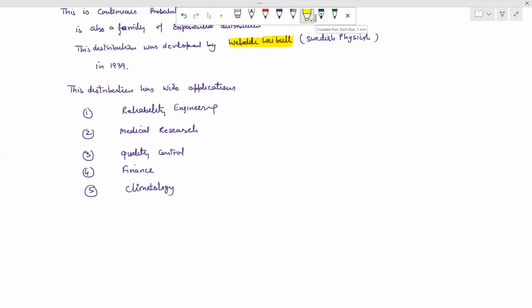Now we move to the uses of this, where we use this distribution.